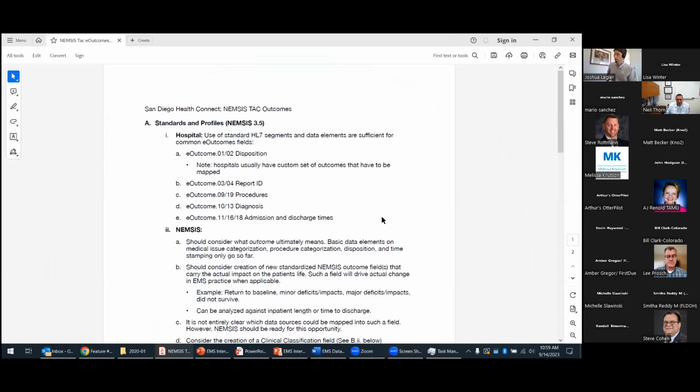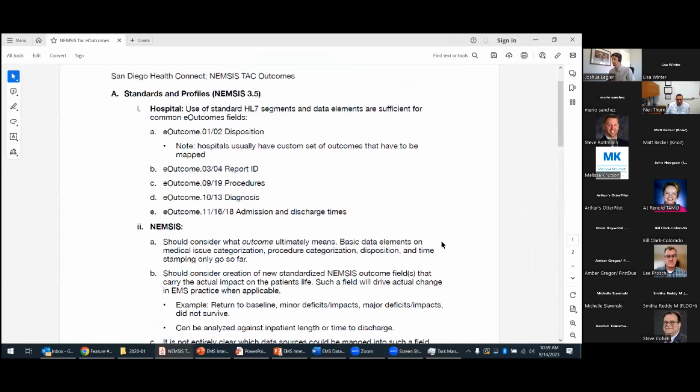Okay, so they sent over some notes that I could share with all of you about this question of what's being used to get outcome data from the hospital to EMS. So standards and profiles there, as we've seen before from the SAFER model, they're using HL7 V2 messages, and then they're mapping those into certain e-outcome elements in the NEMSIS data set.